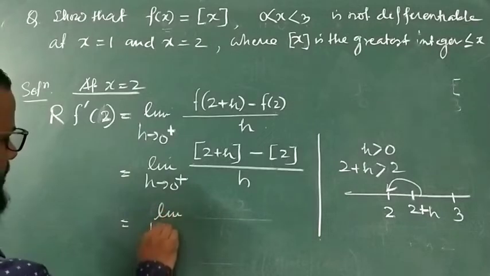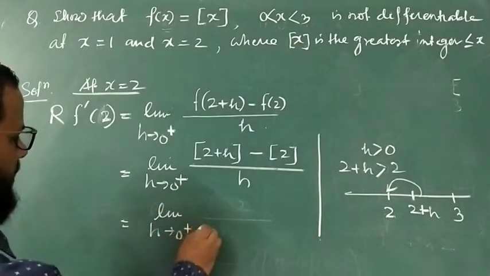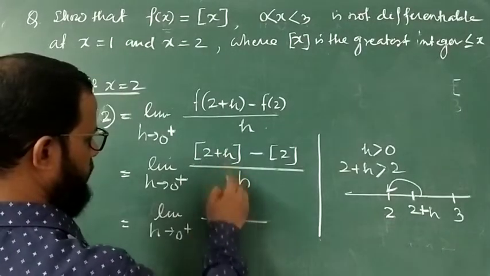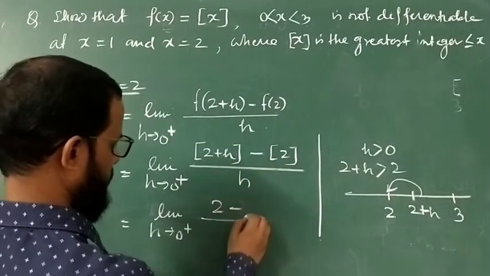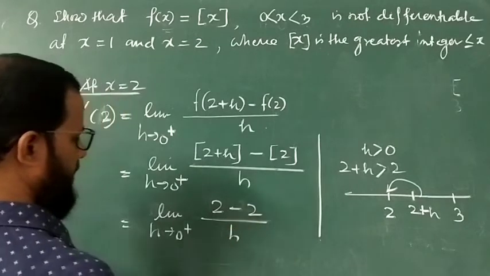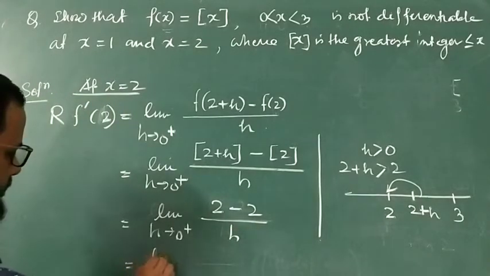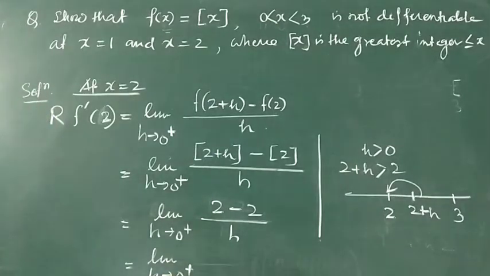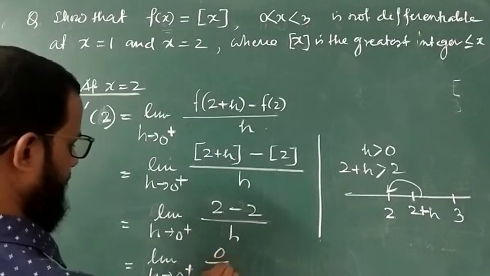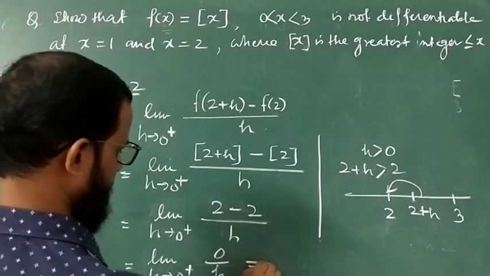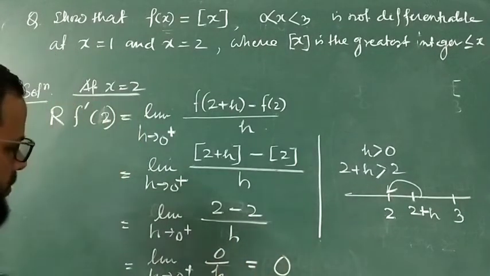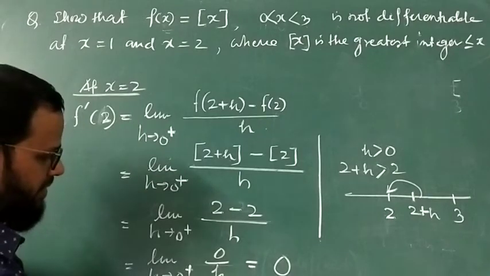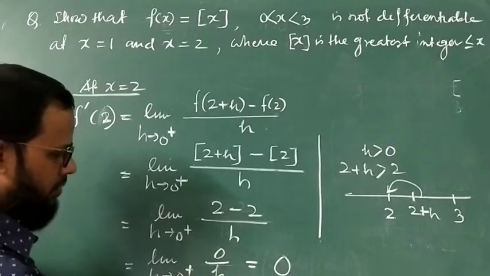Limit h tends to 0 plus, what is happening here? Box 2 plus h is equal to 2, and box 2 is equal to 2, and finally it becomes limit h tends to 0 plus 0 by h, and ultimately this 0 by h is 0, because h tends to 0 plus means h is positive, but h is very near to 0, though actually not 0.